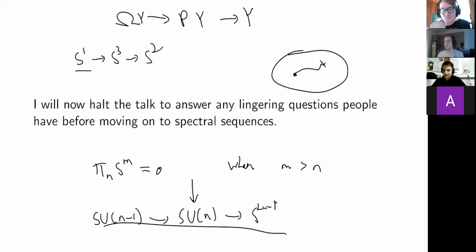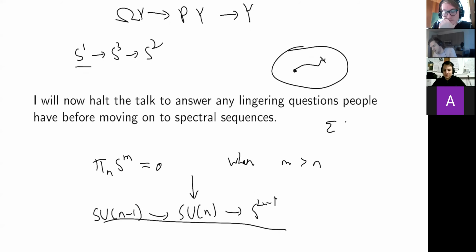It's hard to give you an example. Maybe people are familiar with the fact that sigma S^n is S^(n+1), the suspension. This acts really nicely, but loop spaces of spheres are not lower dimensional spheres. So it's difficult to give you an example, I'm trying to think.